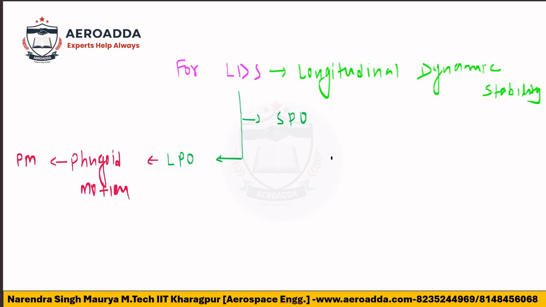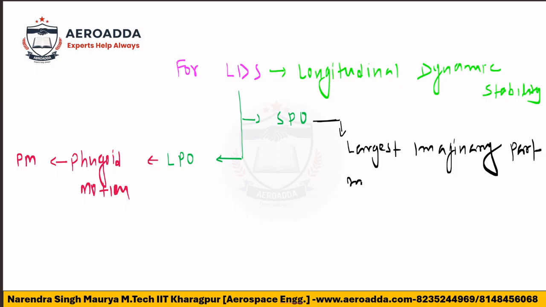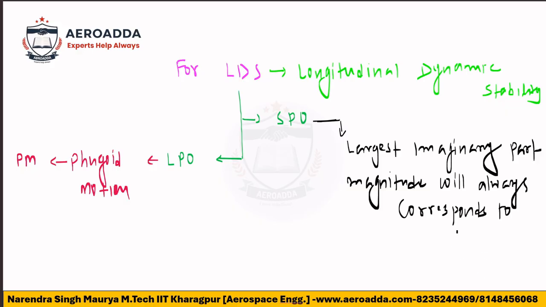Whatever eigenvalue you have, the largest magnitude or largest imaginary part will always correspond to the SPO.